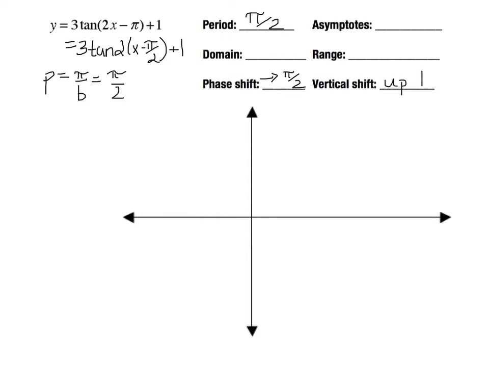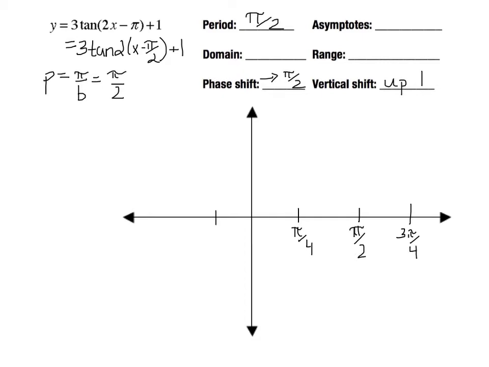So the way I do this is I lay down one period for the function. So I'm going to go pi over 2. And I only have to do half as much, so I'm not going to do quarter marks, I'm just going to do half marks. So it's pi over 4. And so 1 pi over 4, 2 pi over 4, if I want to go 1 mark past that, that would go 3 pi over 4, just in case we have a phase shift, which I think we do.